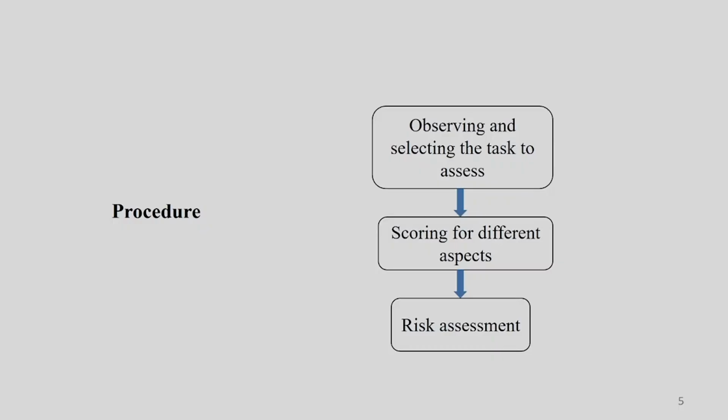Once you have that, you have to score for different aspects that we are going to understand in the next slide. Once you do the scoring, automatically you will put it into a pre-computed table and from there you are going to assess the risk. This is the whole procedure for the Ovako working posture analysis system or assessment tool.